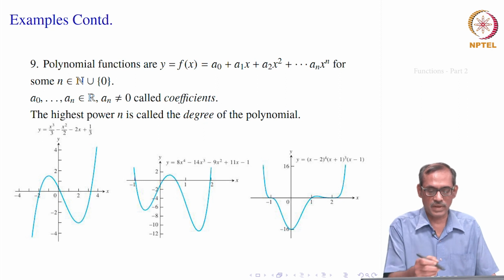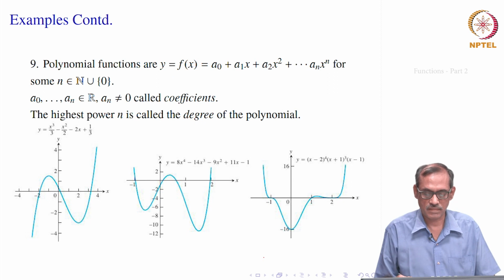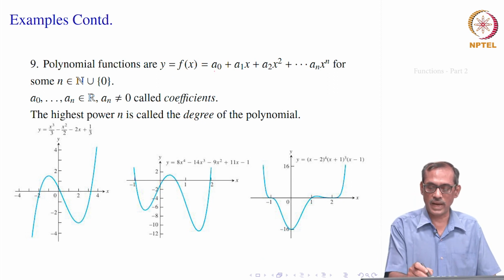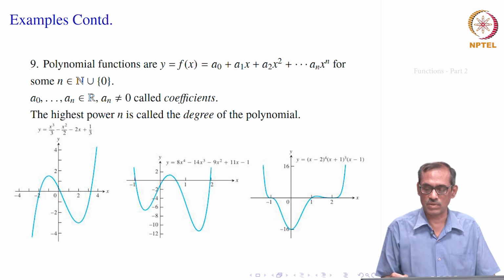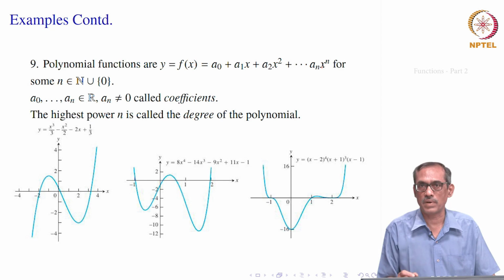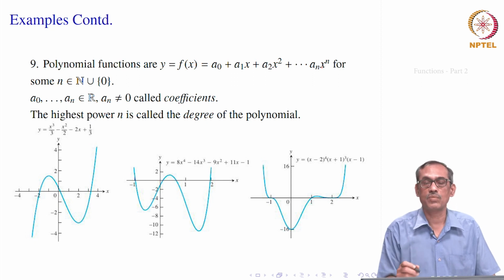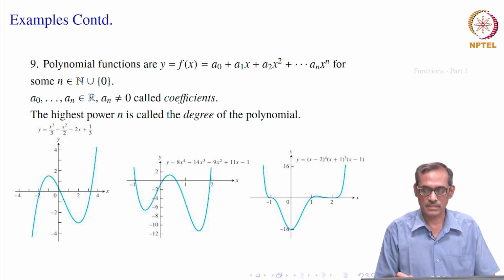So, now let us look at very simple ones which are also useful, say polynomial functions. Where we write a polynomial as a0 plus a1x plus a2x square plus up to anx to the power n, where these coefficients are given for a particular polynomial. Like you say y equal to 1 plus x square. So, they are a0, a1, a2, all of them are 1.